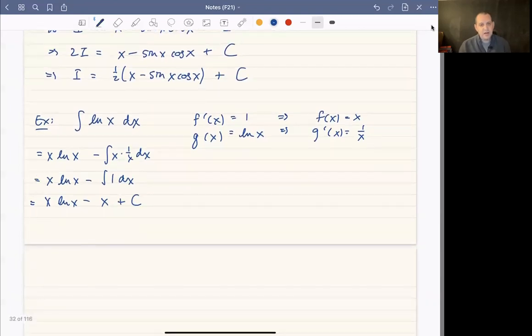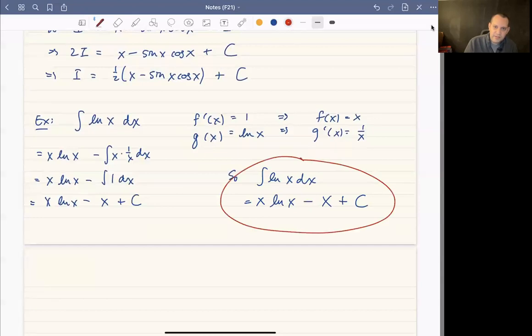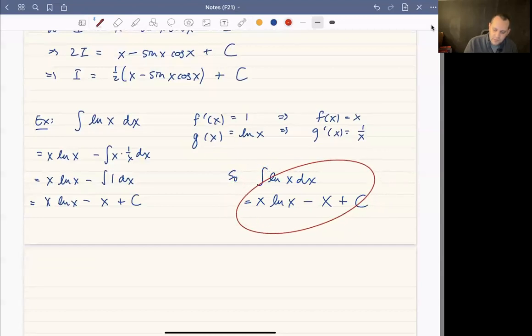This is an integral that comes up again and again and again, to the point where I might add it to our list of integrals that we should know. So the integral of the natural log of x turns out to be x natural log of x minus x plus c. That one's important enough that I may just add it to our list here.